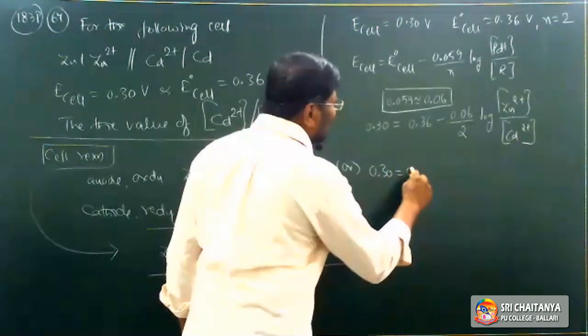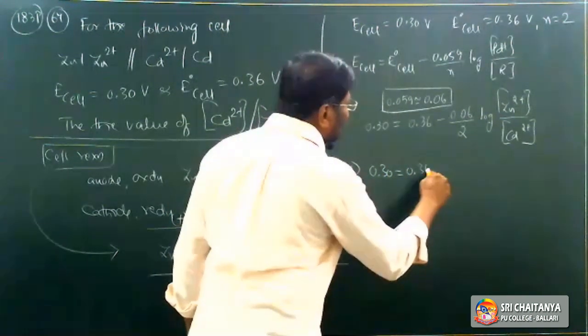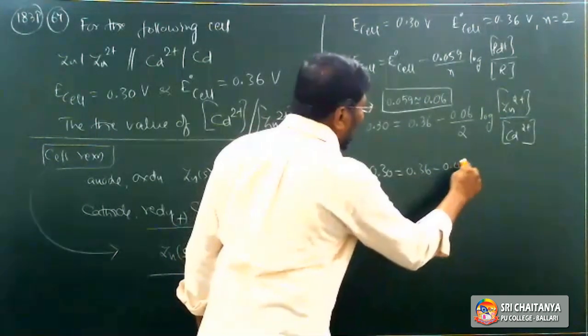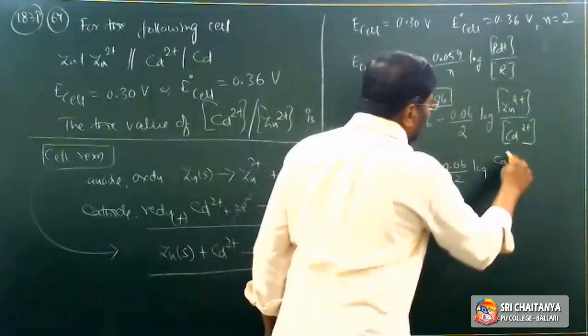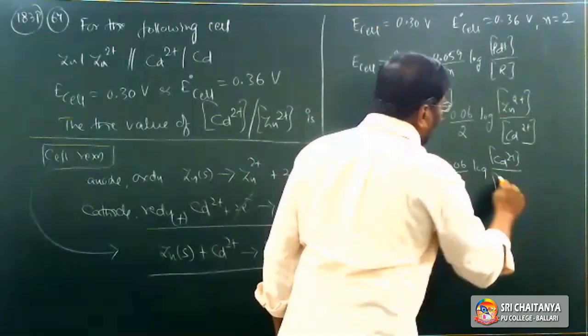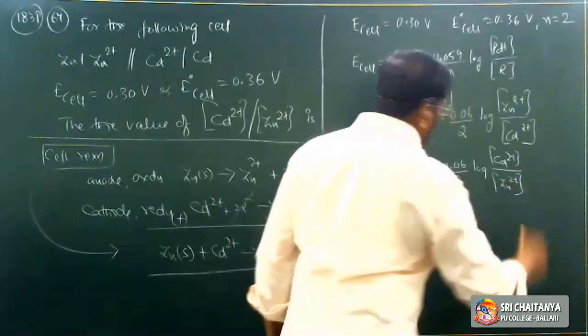It is 0.36 minus 0.06 by 2 log of Cd2+ divided by Zn2+. Right?